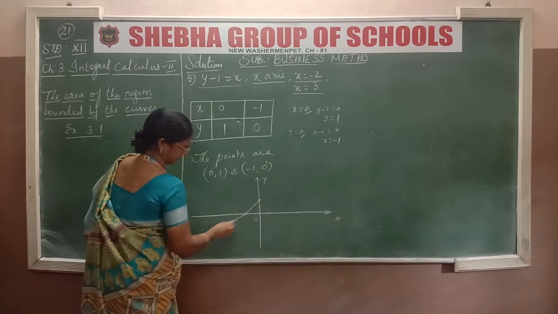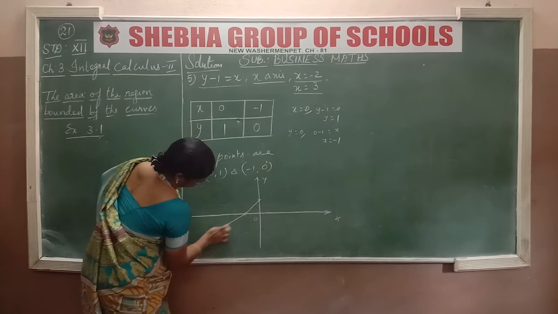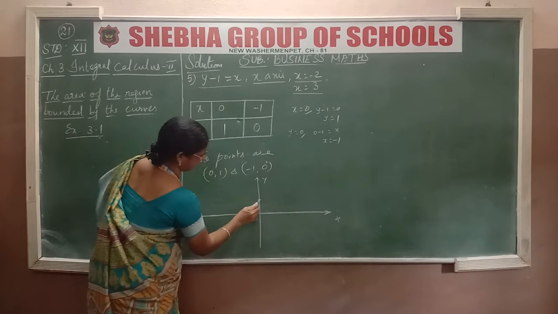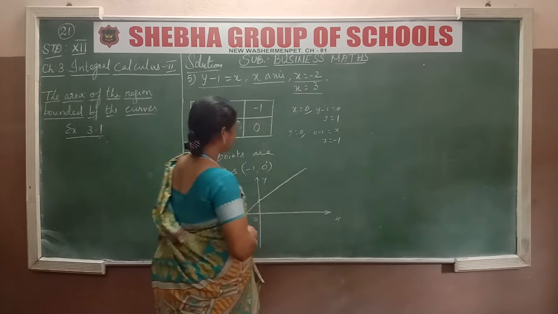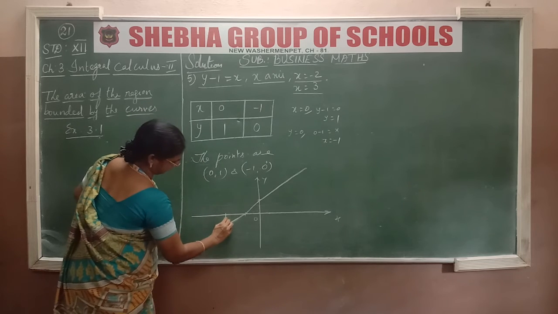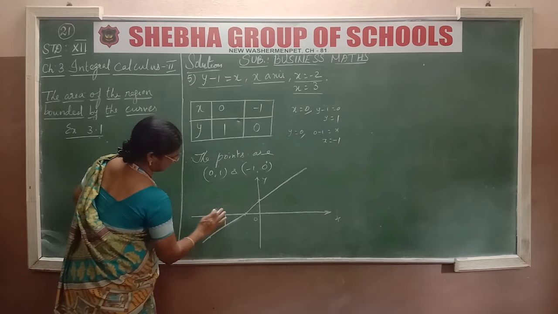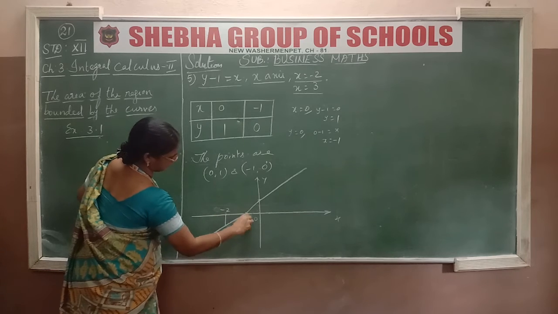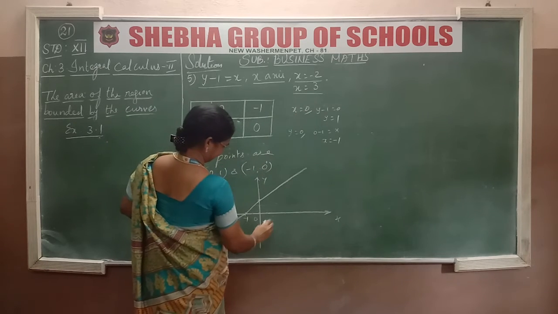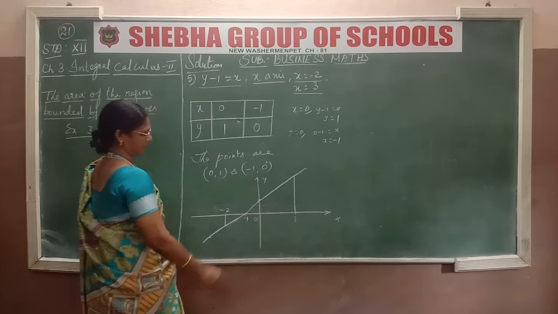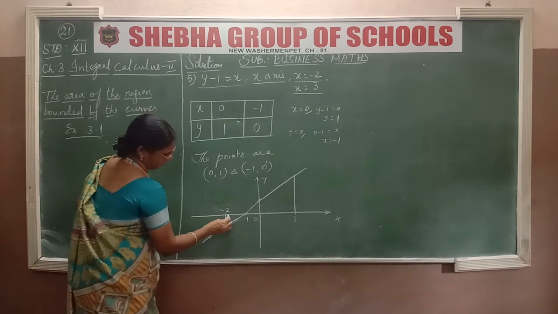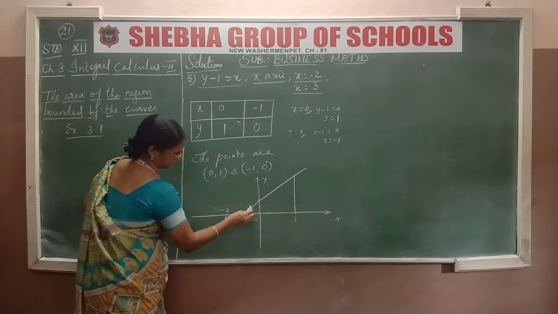And extend this. And also x is equal to minus 2 line, that is here. This is minus 1, and x equal to 3, that is here. Okay. Now we have to find the area of the shaded portion.